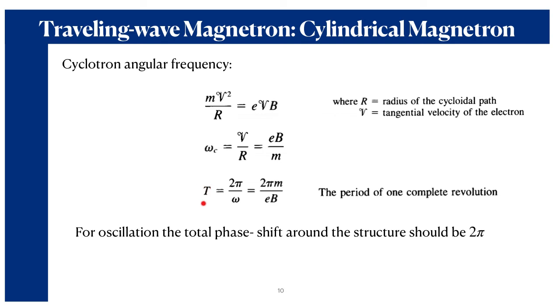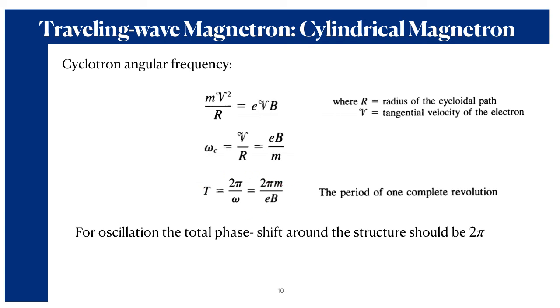Finally, the time period we can easily calculate as 2 pi over this omega, and this omega is nothing but omega c. Now if you replace omega c by e times B divided by m, the final expression of the time period can be represented as shown in this expression.